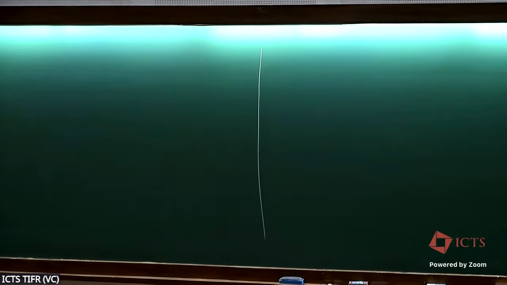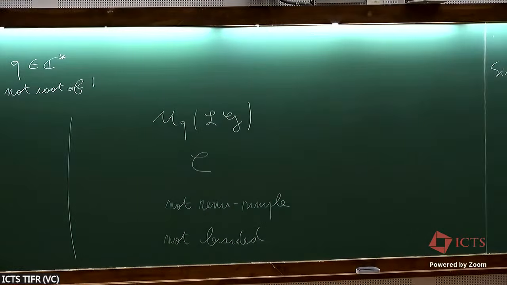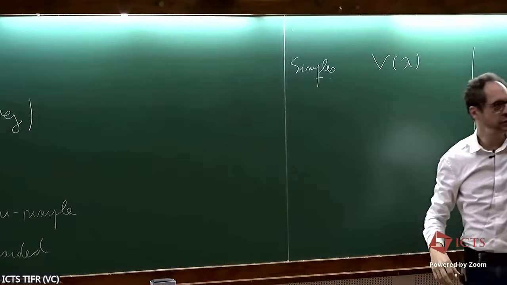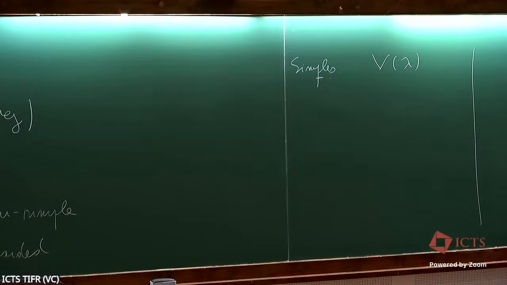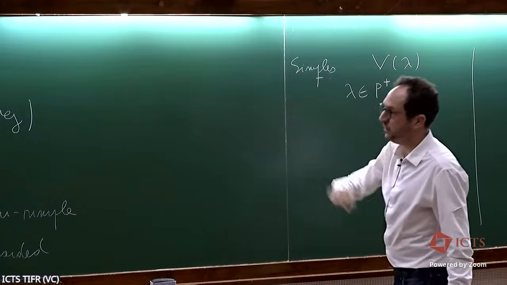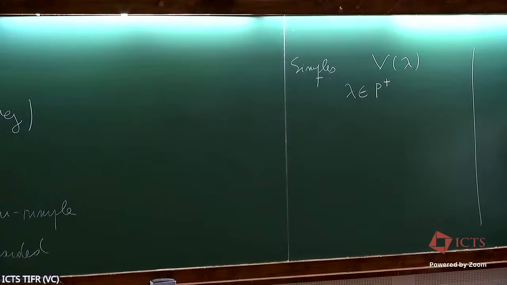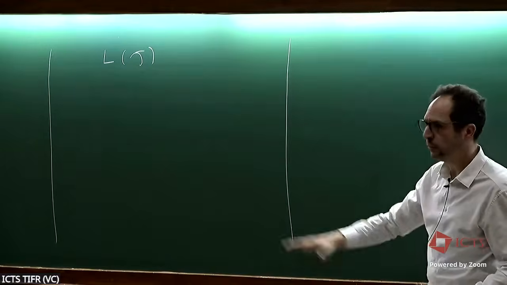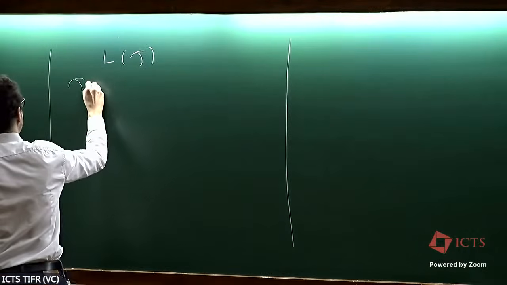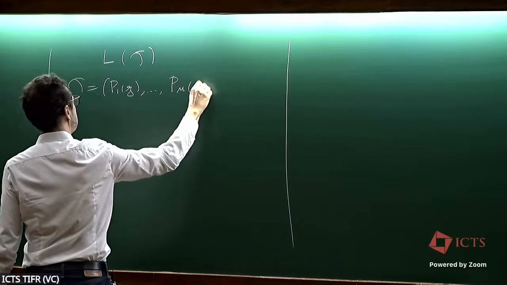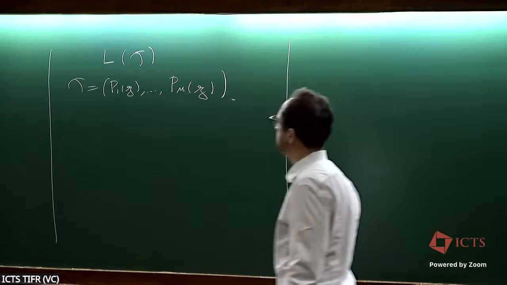I continue my table here. So here we have highest weight modules, as this morning, parameterized by dominant weights of G, the classical Lie algebra. And here instead, the parameters are Drinfeld polynomials, so an n-tuple of polynomials.